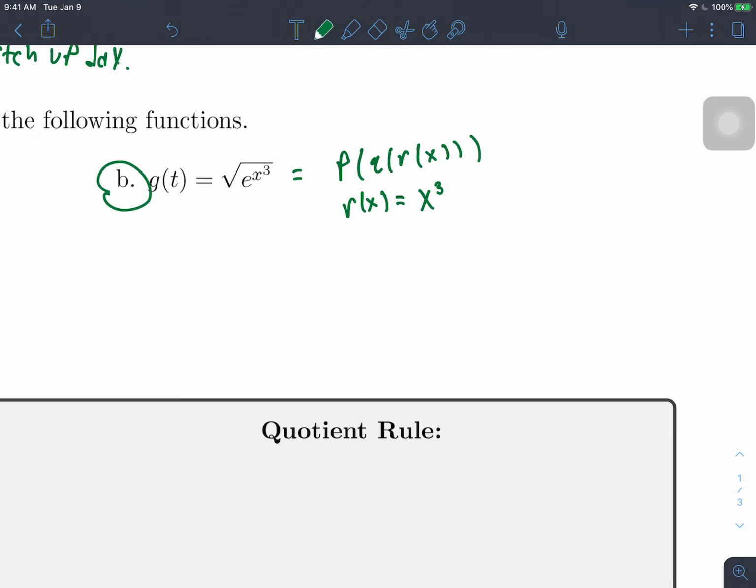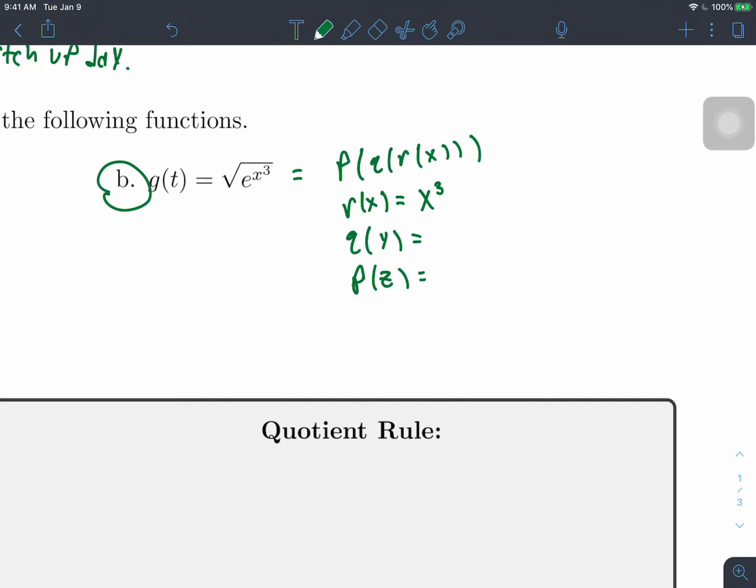That's the innermost function. And so we should think about that function being plugged into some function q of y equals some other function, and then we'll plug that thing into the function p of z. So I kind of already said what these are going to be.